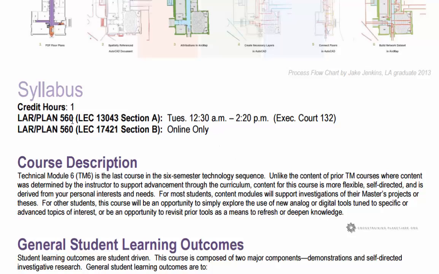So we do have 2 sections, and it's really not going to matter too much if you're in Section A or B. You'll still receive the same quality of education and the same content. And as I go through the syllabus a bit more and explain the 2 major projects that we have for the course, you'll see why that is.